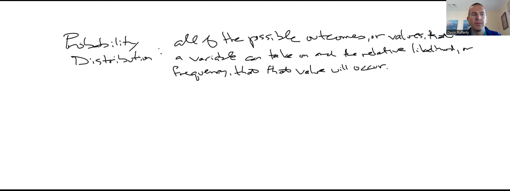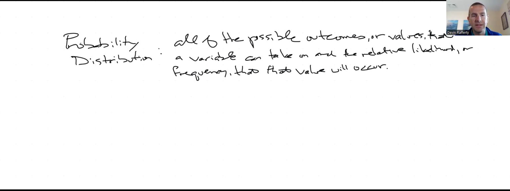Okay. So let's think about this. What's a probability distribution? Well, it's all the possible outcomes or values, right? Same thing, possible outcomes, all the possible values that a variable can take on, and the relative likelihood or frequency, aka probability, that that value will occur.